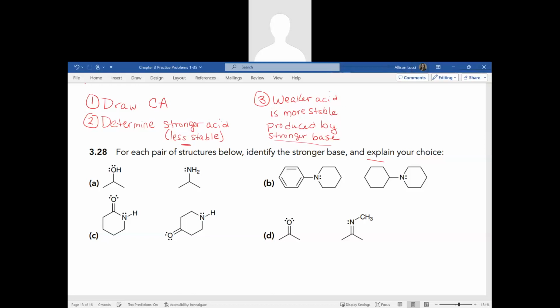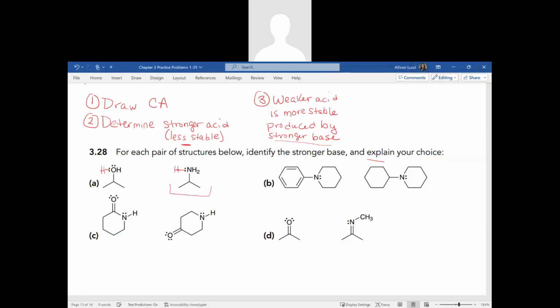So let's take a look at A here. If we were to protonate this structure versus protonation of the structure here, we would compare the stability of these conjugate acids, and the second acid is more stable, the weaker acid, this one here.